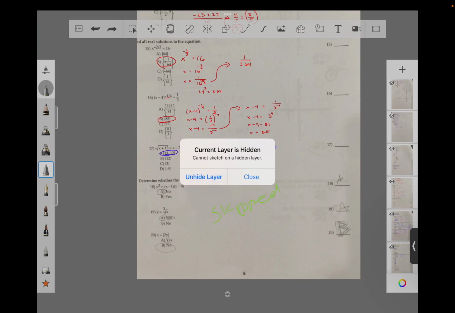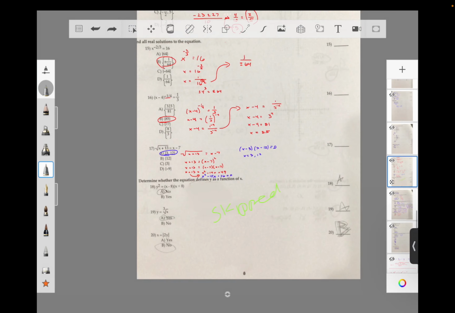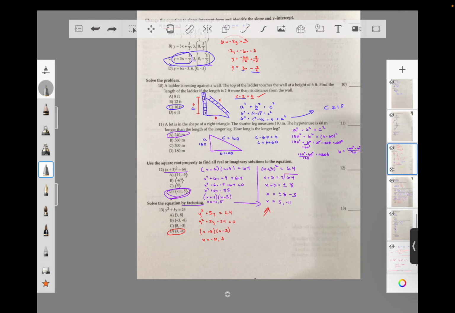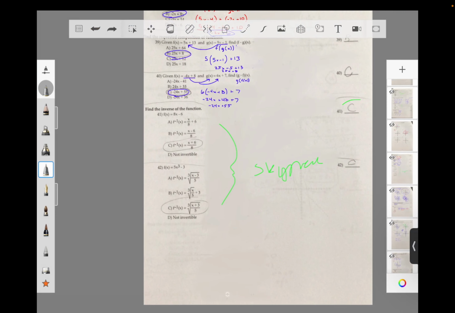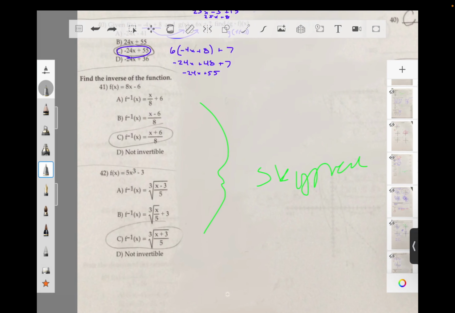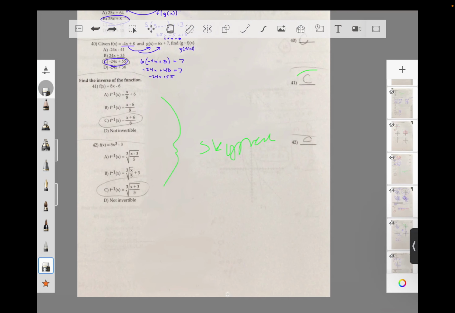This one I'm pretty sure also has a small portion on it, so I'm not going to do that. And then the rest of them, yada yada. I think it's this one. Okay. I'm just going to erase this then.